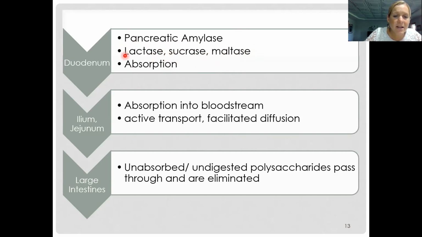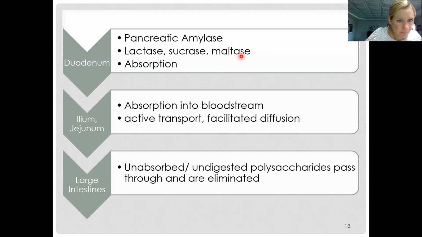Lactase is an enzyme that will take our lactose disaccharide and break it into its simpler form of 1 glucose and 1 galactose molecule. And maltase will take our maltose disaccharide and break it down into 2 simple glucose molecules.